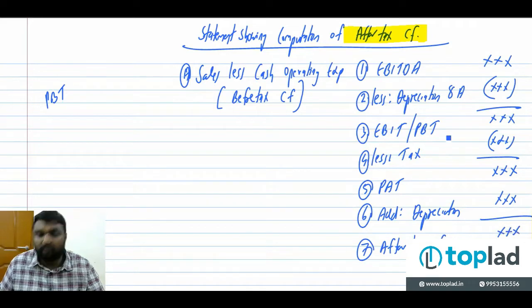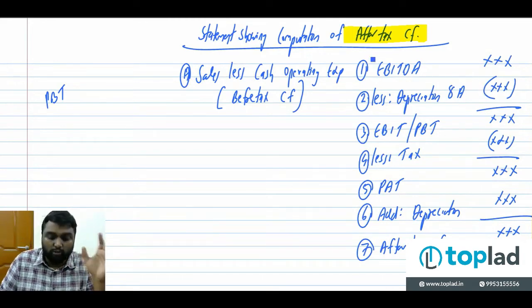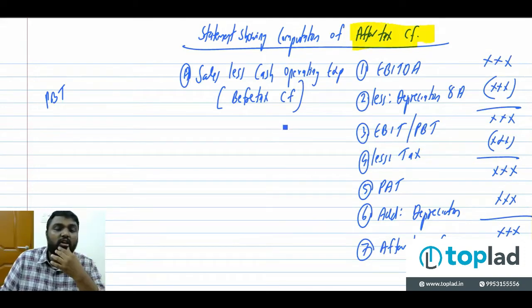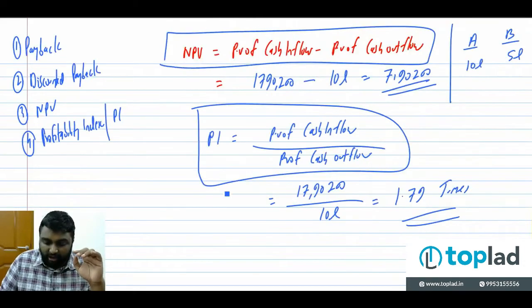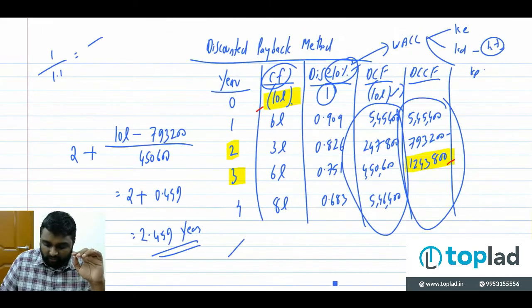This is one of the main interesting concepts of capital budgeting technique. That is a very advanced question. You have to check whether the after tax cash flow is given in the question or not. If it is not there, first we have to find out the after tax cash flow. If it is there, there is no problem, we can directly go to each method we were discussing.